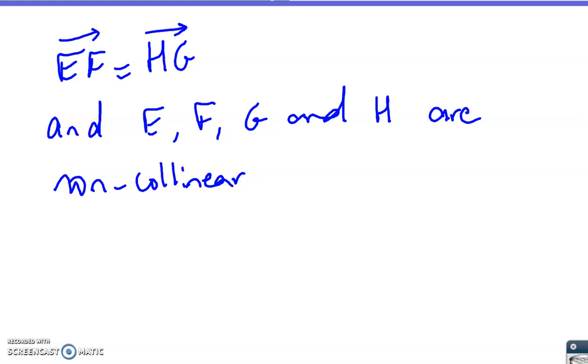Now, pay attention to the naming of the parallelogram. It's not EFGH. If you get confused, you can simply draw a sketch on the side or look at the original figure. So usually if you don't have a figure, you can sketch. So EF is equal to HG.